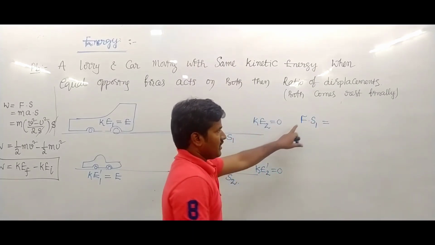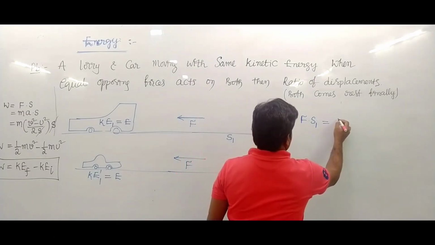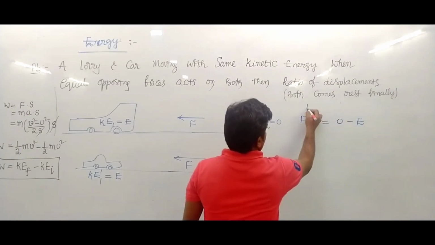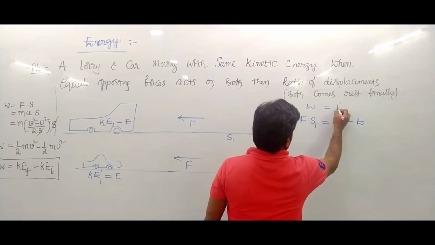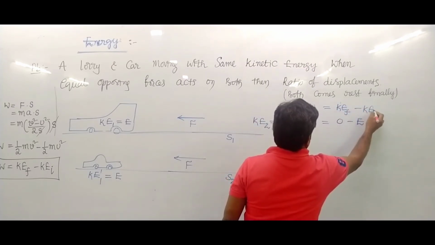So for the lorry, F into S1 is written as Ke2 minus Ke1. Ke2 is 0, minus Ke1, that is E. This is work done equals Ke final minus Ke initial.